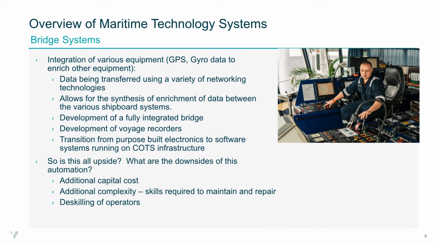So is this upside or downside? What are the downsides of all this technology automation? We have additional capital cost. It's much cheaper to build a system that is operated manually by humans. Capital cost is then offset by operating cost of having more people who require certain skills to deliver that safe outcome.